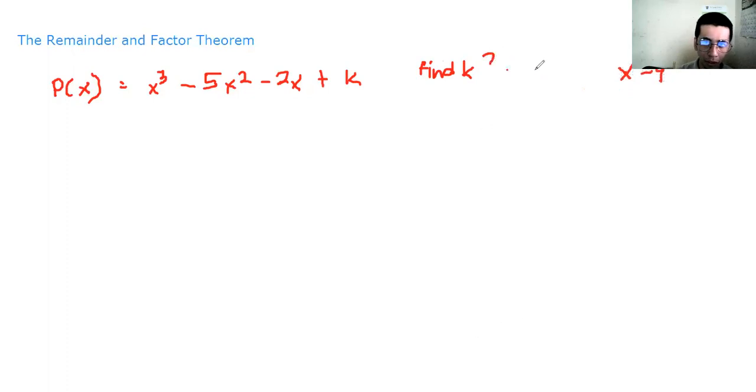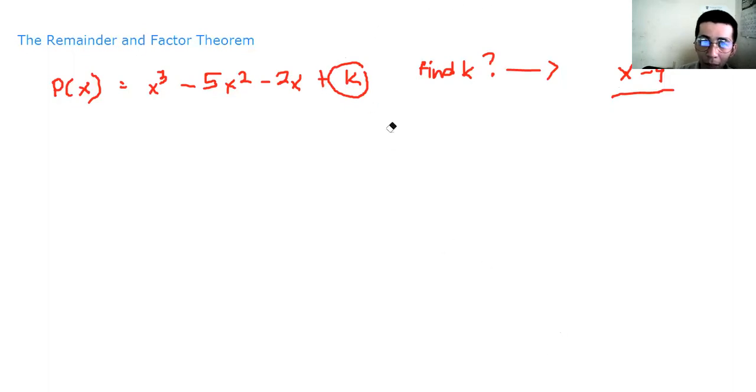So, we're going to find k so that x minus 4 is a factor of x cubed minus 5x squared minus 2x plus 8. So, in this scenario, may constant tayo pero variable siya, diba? Constant pero variable, constant kasi number lang naman to. So, lagyan natin ng variable. We have x cubed minus 5x squared minus 2x plus k. We need to find the k so that x minus 4 is a factor of this polynomial.